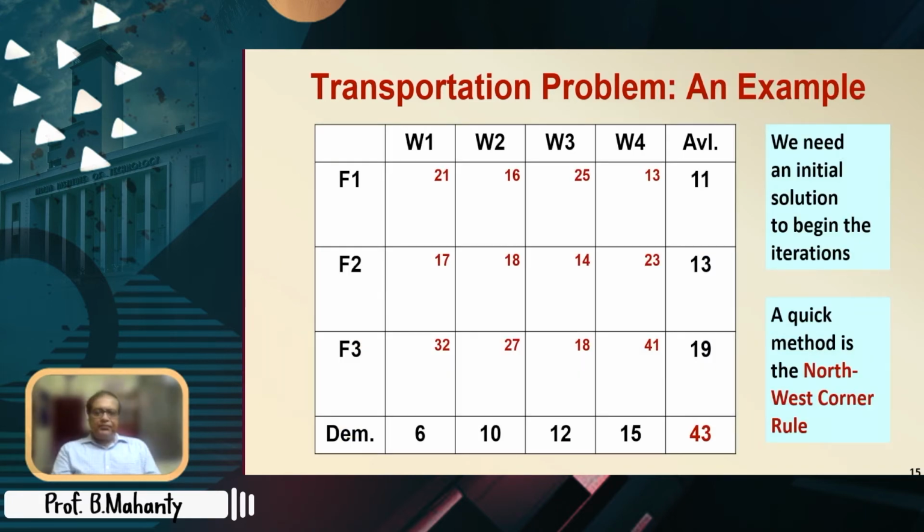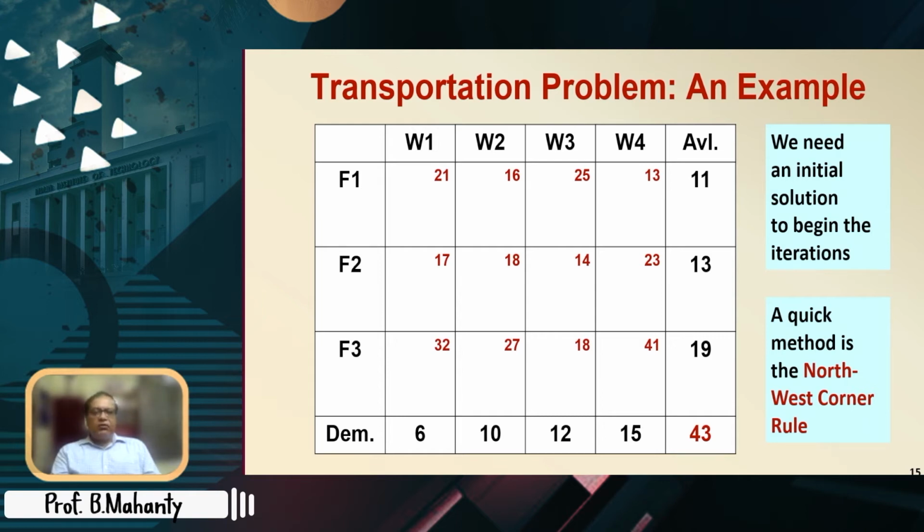Let us look at it by an example. So here is that example. First of all, there are three sources, basically three factories, and there are four destinations, which are called four warehouses. So F1, F2, F3. The availabilities in the three factories are 11, 13, and 19. So the total availability is 43, right? 19 plus 13 plus 11.